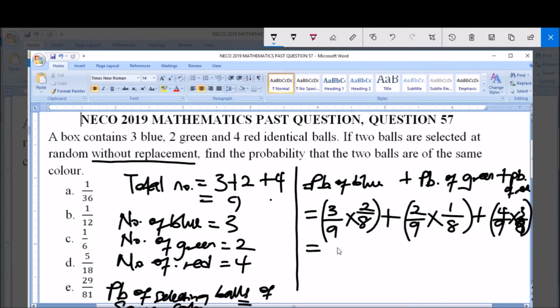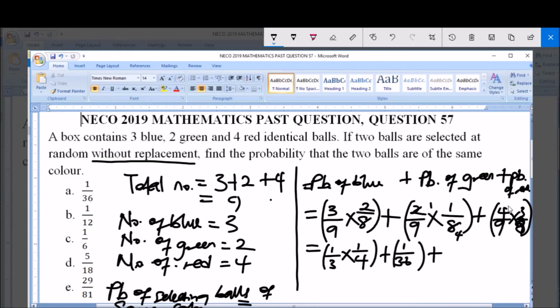Now this will be equal to, from here, 3 over 9 gives us 1 over 3, multiplied by 2 over 8 gives us 1 over 4, plus, now here 2 will go into 2 once and into 8 four times. So we have 1 all over 36, since 9 times 4 gives us 36.